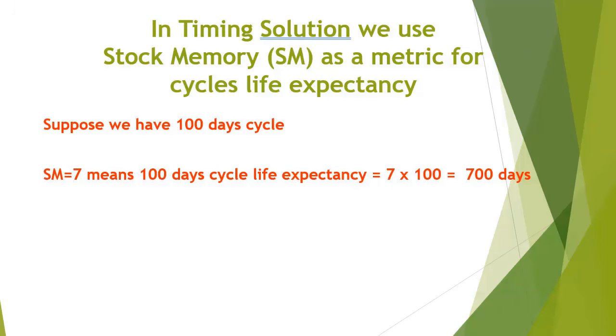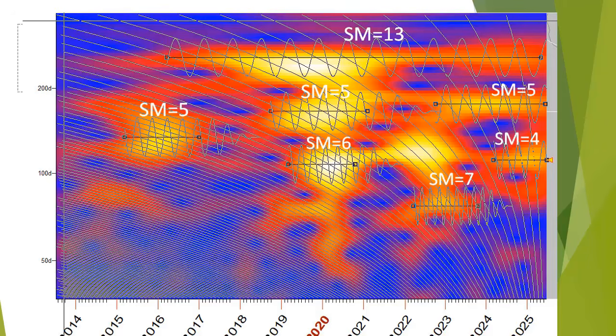Now I will show you the main chart to understand. This is not a periodogram, this is a wavelet, calculated using the Wavelet Hunter module in the Terra version of Timing Solution.